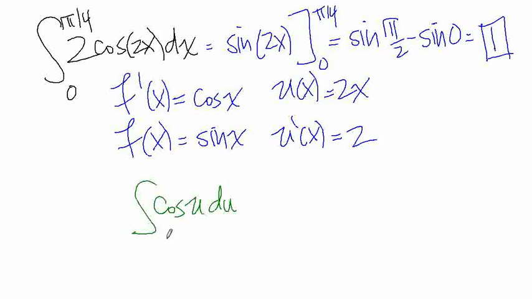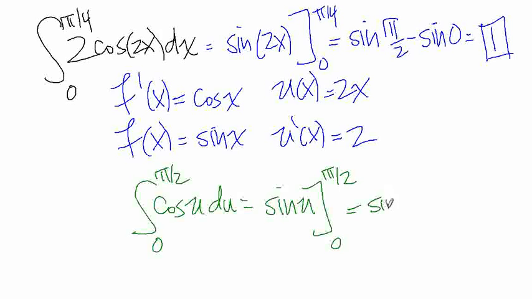For the new limits, I'm going to use 0 and 2 times pi over 4, so that's pi over 2. So I'm going to evaluate a difference involving the antiderivative, the sine of u. That would give the sine of pi over 2 minus the sine of 0, and lo and behold, we get the same answer without needing to use the x variable.